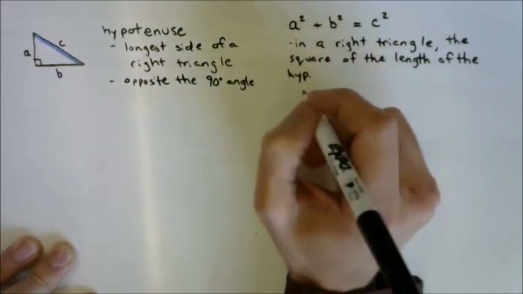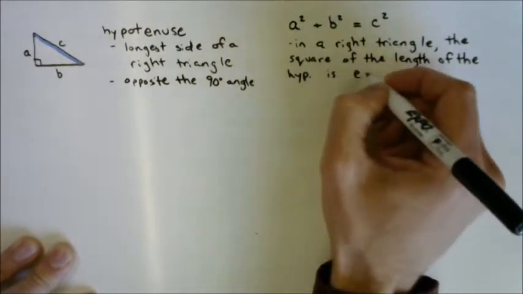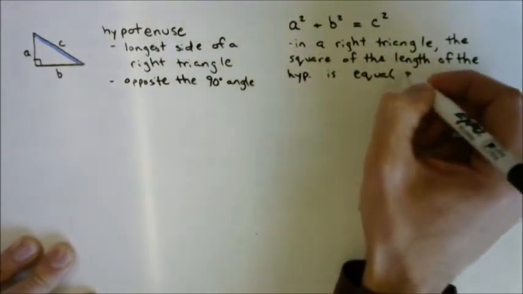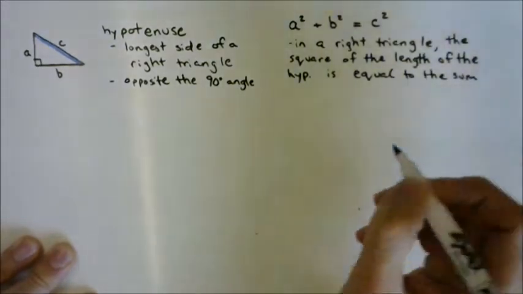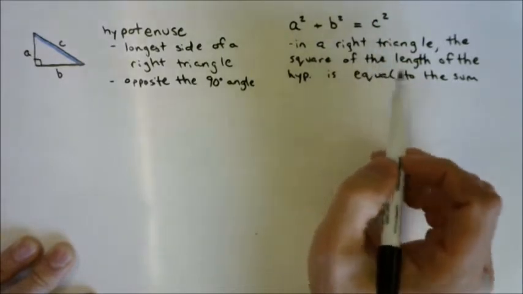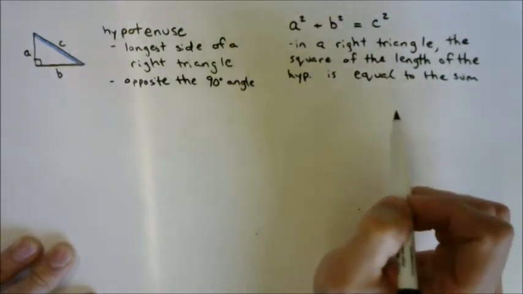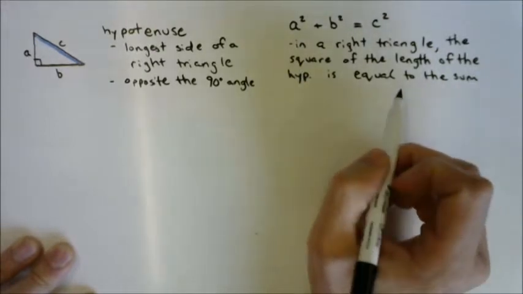In a right triangle, the square of the length of the hypotenuse is equal to the sum. Does anyone know how to finish this sentence? So far we have the right side of the equation. It's equal to the left side of the equation. The sum of a squared plus b squared.